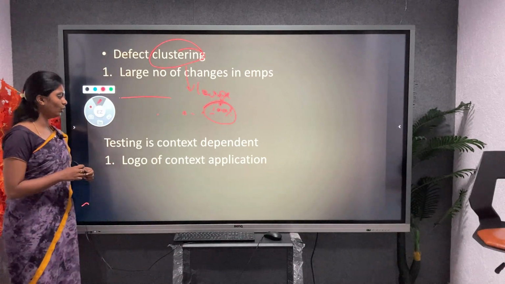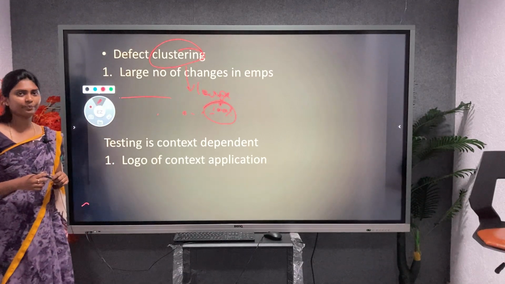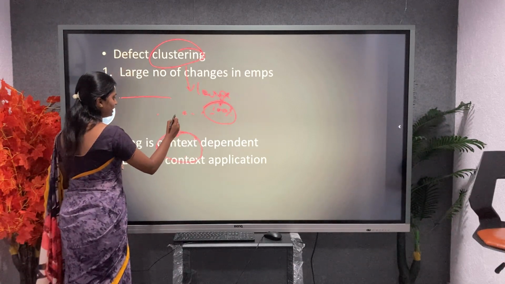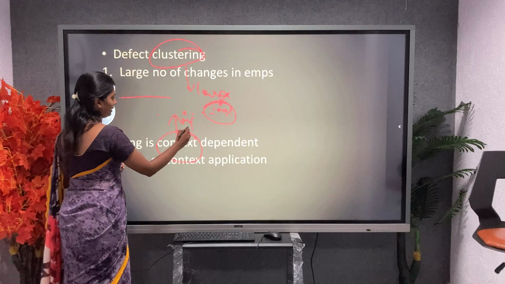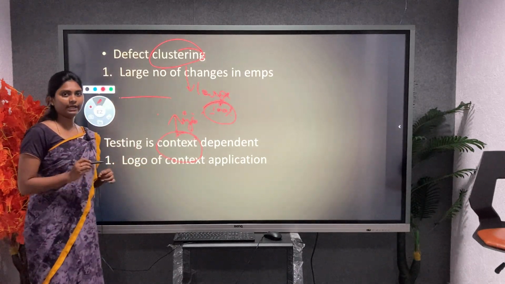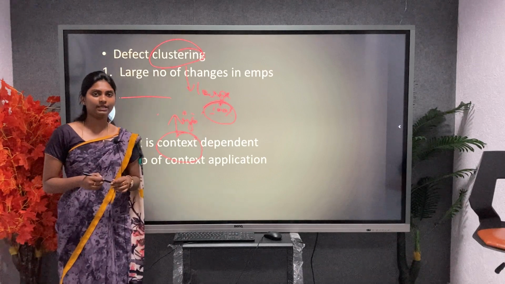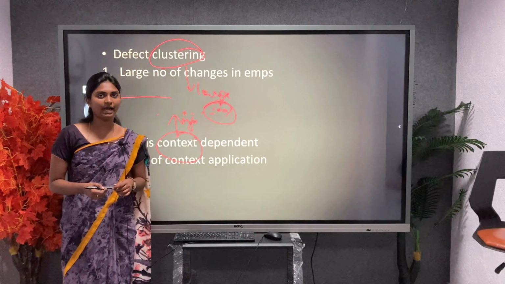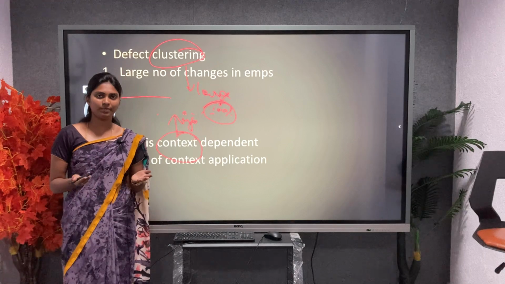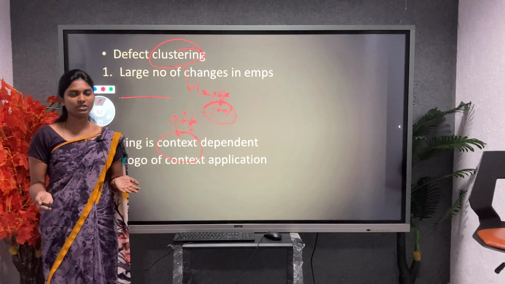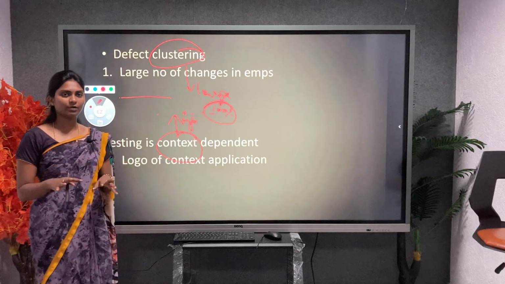Next we will go to context dependent. What is the meaning of context? Context is nothing but information. How are we gathering this information? It may be from raw data or from the code we are developing in the project, all coming from the software.